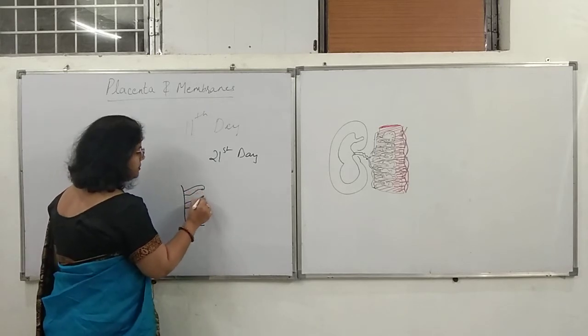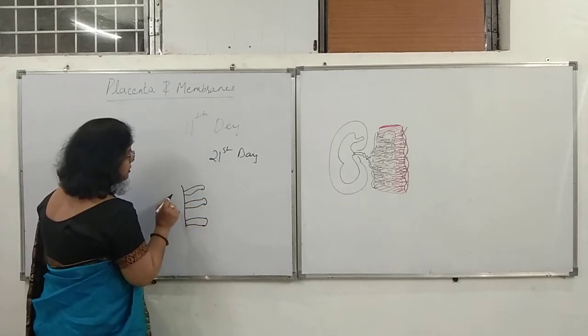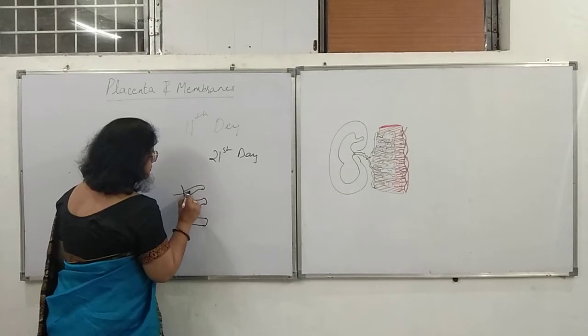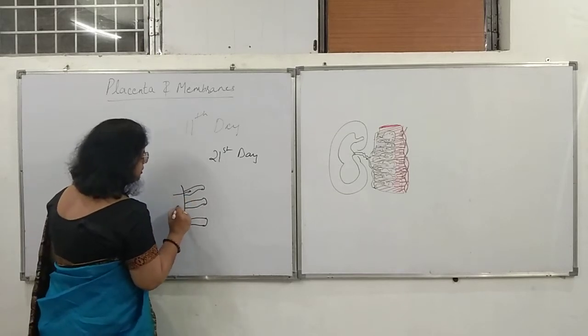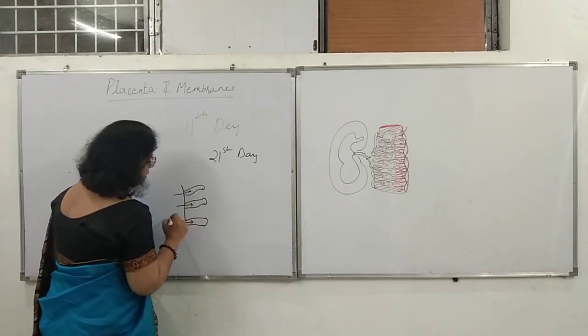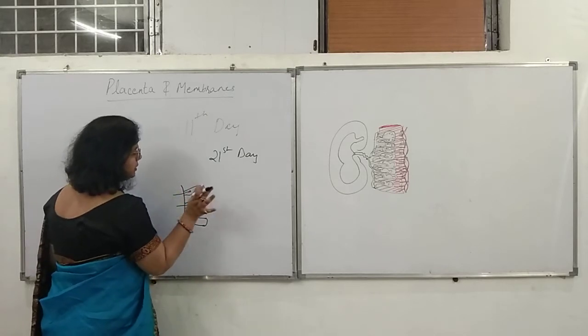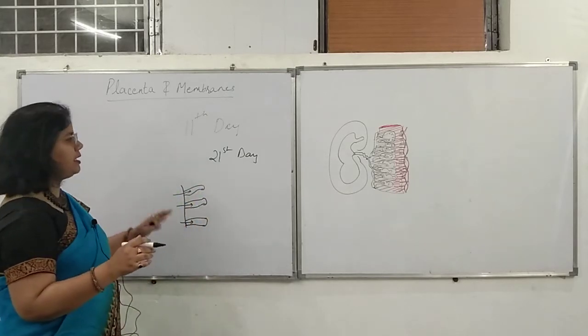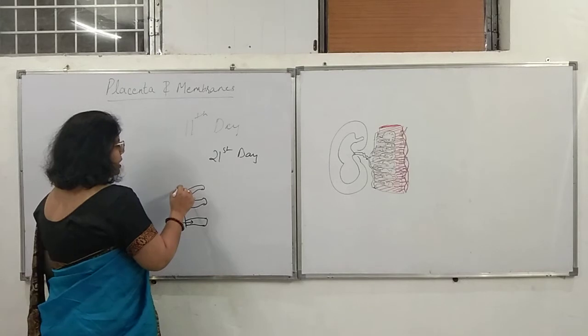These projections are primary villi. Then the tissue invades in it, and later blood vessels and capillaries perforate. So primary, secondary and tertiary villi.